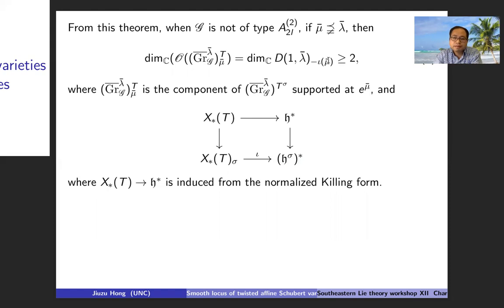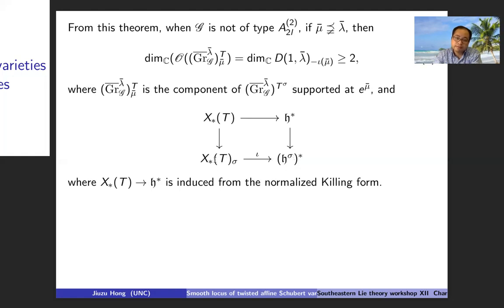So this, again, given a mu bar, we can transfer it to a weight of this H sigma, okay? Sigma fixed point on this Cartan subalgebra H. So here, firstly, on this side, you have X_*(T) mapped to X_*(T) sigma. And on the other side, you can take a restriction map, okay? So originally, we denote this map by something, and then it will descend to the map on the bottom level, okay?